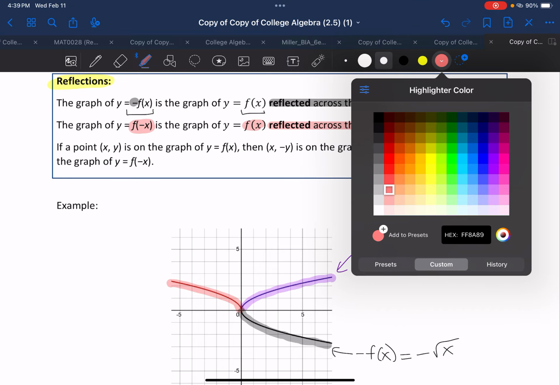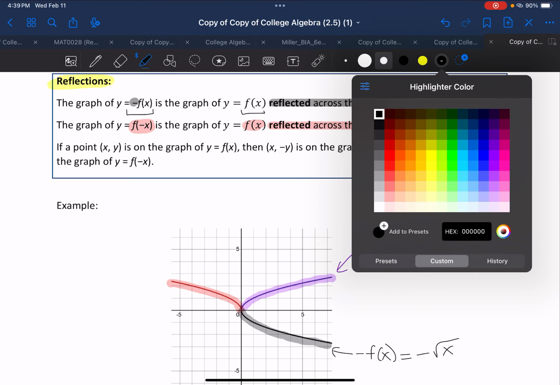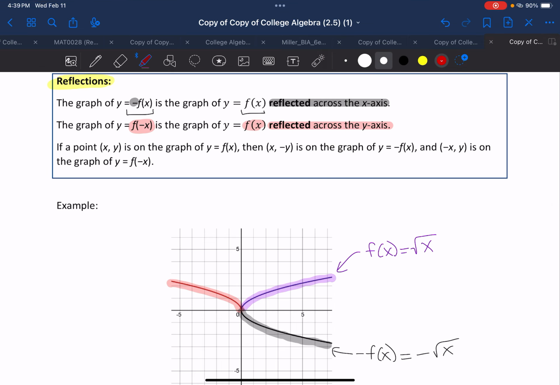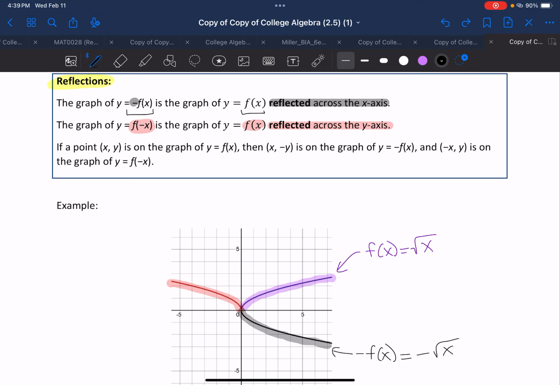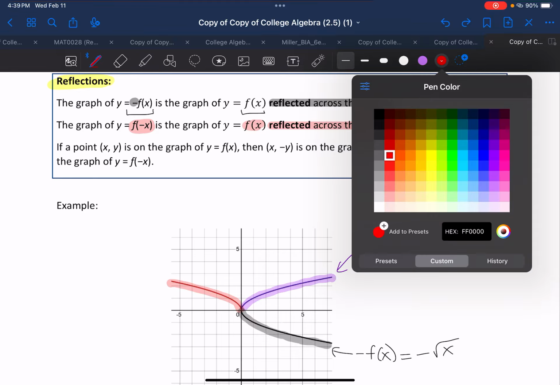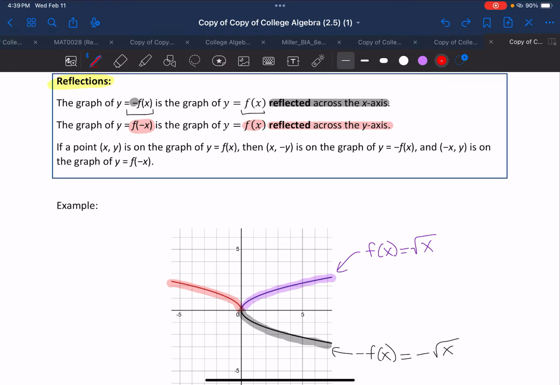If you compare it to the purple graph, which is our base, that is being reflected across the y-axis from the purple. So this is equal to f of negative x, and f of negative x is equal to the square root of negative x, where the negative's on the inside, directly touching the x.